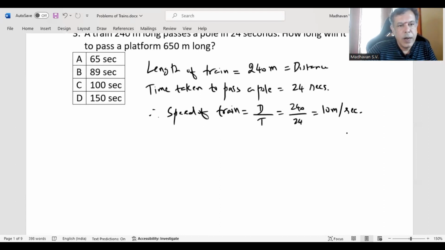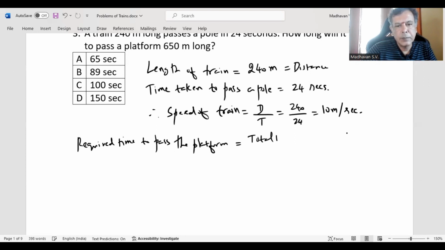Now, the required time to pass the platform will be the total distance divided by the speed.